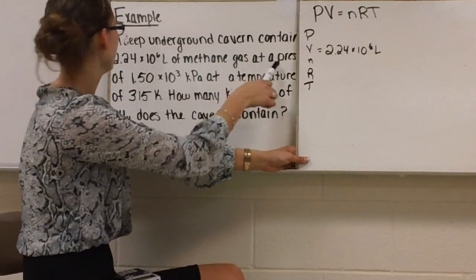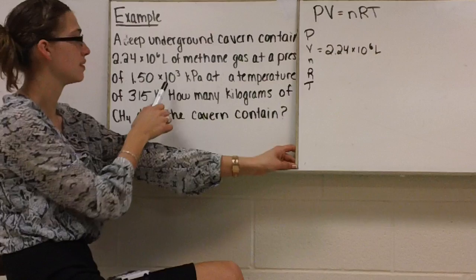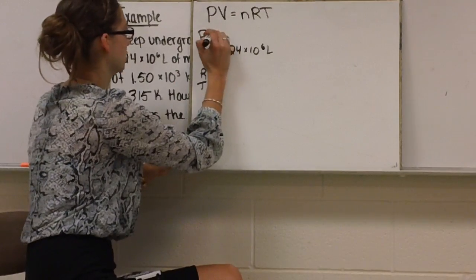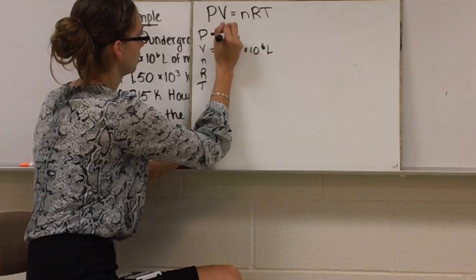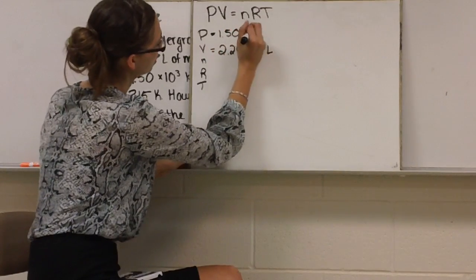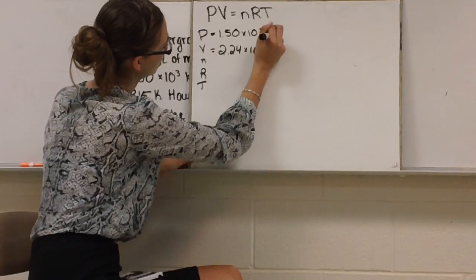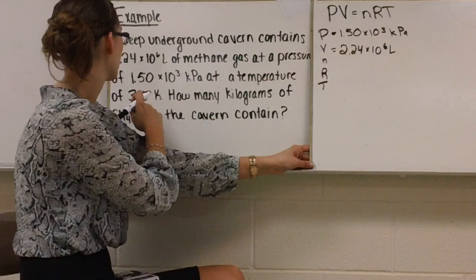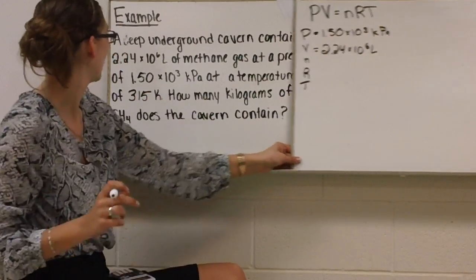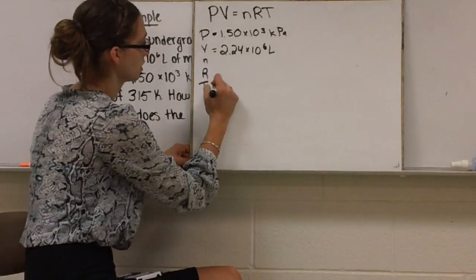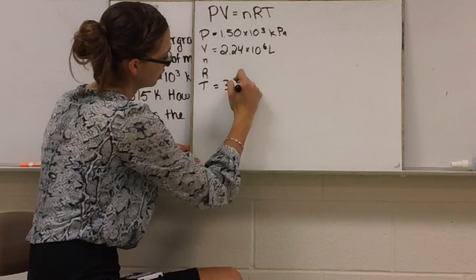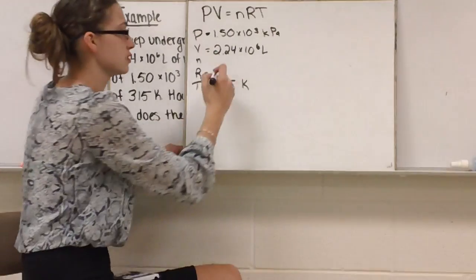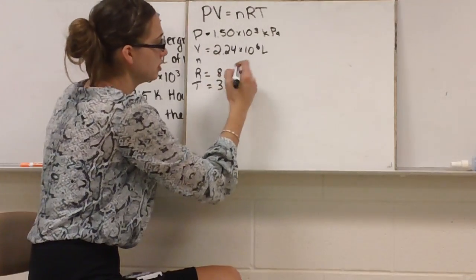It says at a pressure of 1.50 times 10 to the 3rd kilopascals. Alright, what else does it give us? At a temperature of 315 Kelvin. R is always given to us, it's a constant, so that's 8.31.